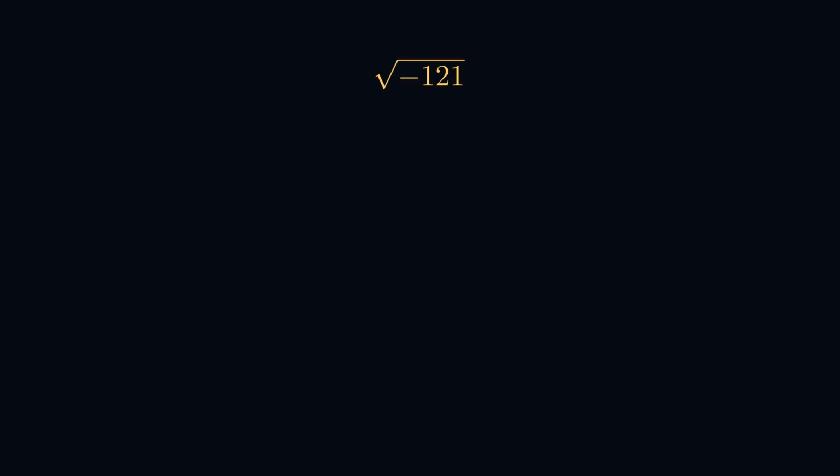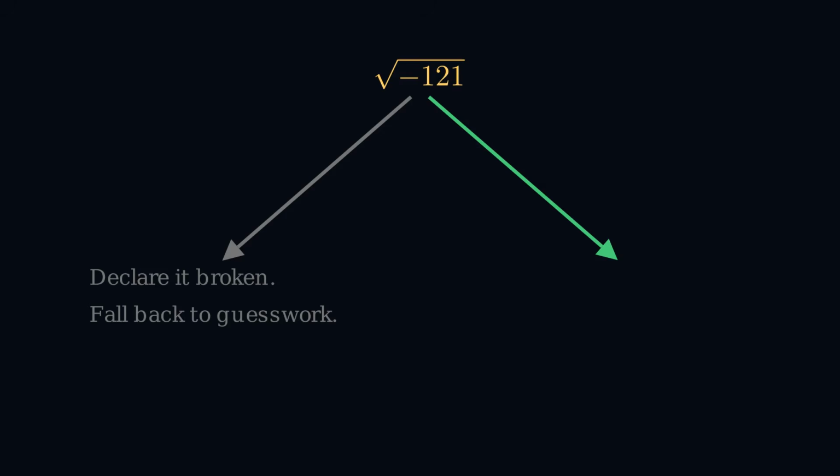There is no way to reach 4 through this formula without manipulating the square root of negative 121 along the way. A 16th century mathematician had exactly 2 options: declare the formula broken whenever this happens and fall back on guesswork case by case, or treat the square root of negative 1 as a legitimate object you're allowed to compute with and see what happens.